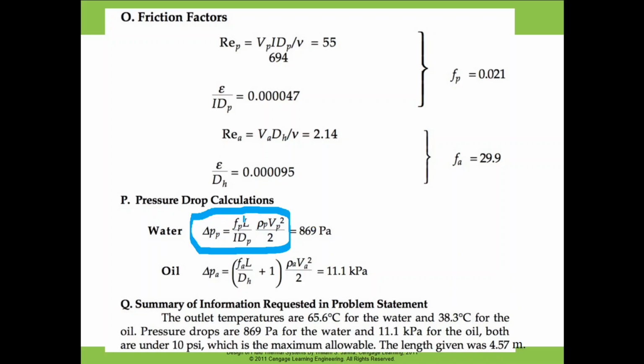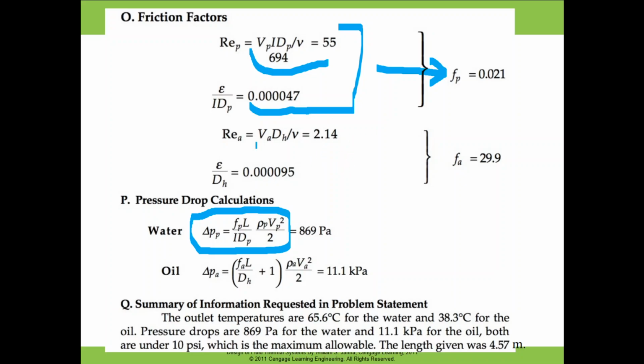So what we need to calculate here is, because the length of the heat exchanger we know, IDP we know, all the things we know except the friction factor f. So the friction factor f for the pipe side we will calculate based on the Reynolds number and based on the epsilon over IDP. So you calculate the Reynolds number for the pipe and epsilon over IDP, and then we can calculate the friction factor for the pipe side.